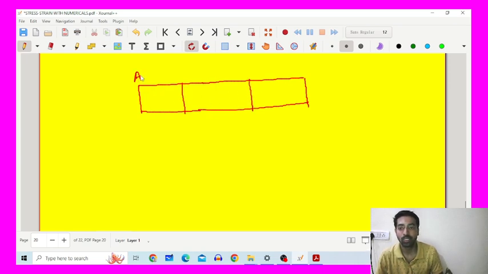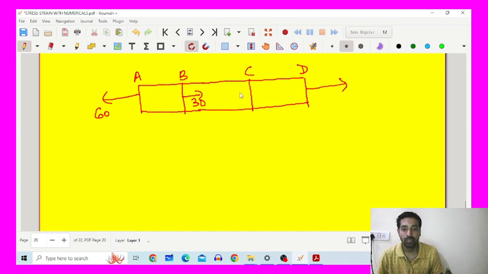This comes to be A, B, C, and D. And what we consider as force, let's suppose this direction is 60, this direction is T, this direction T, this direction you consider 50 kilonewton.